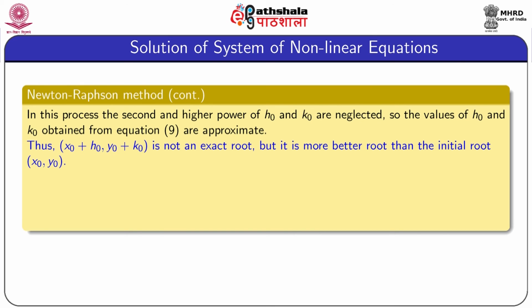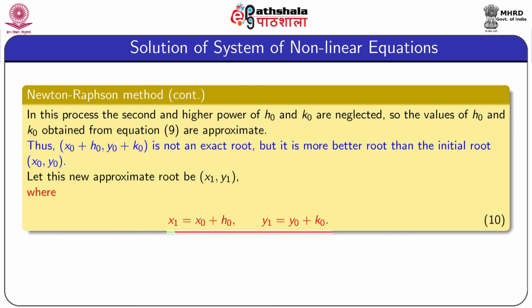Since these are obtained by neglecting the higher powers of h0 and k0, we obtain the first approximated value, denoted by (x1,y1), where x1 = x0 + h0 and y1 = y0 + k0. This is the first approximation obtained by the Newton-Raphson method, where h0 and k0 are evaluated in the previous slide.